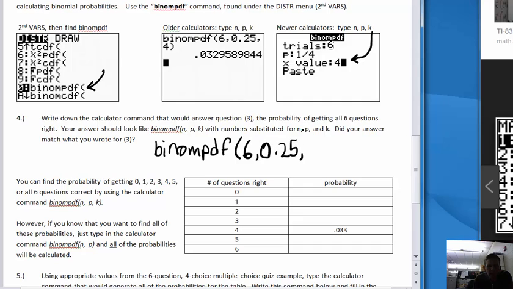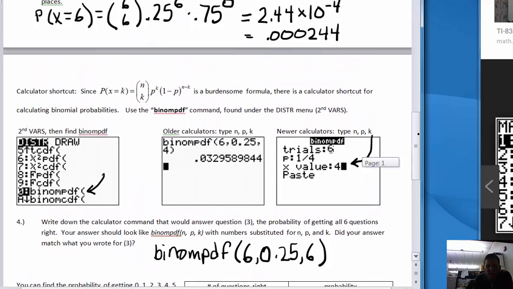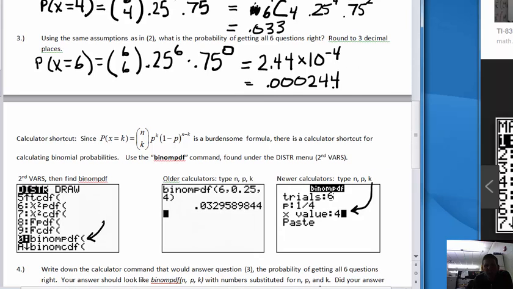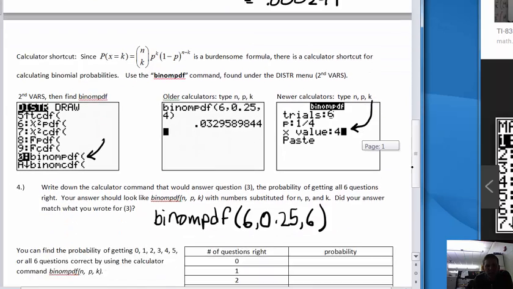And this time we want to know the probability of getting all 6 questions right. That's the last number we type in. If you're using the newer calculator, you're just going to use 6 for the number of trials, 0.25 or 1/4 for P, and 6 for the X value. And if you hit enter on your calculator, you should get the same number that you did right here. And when you get a chance, you should actually try that out.